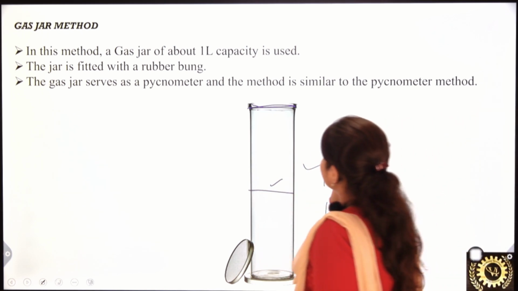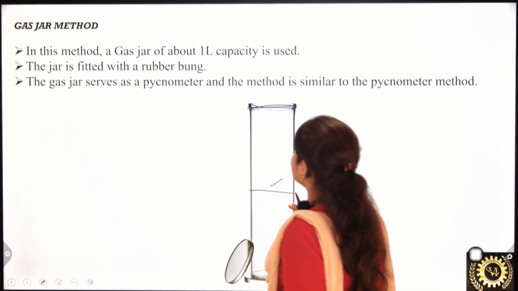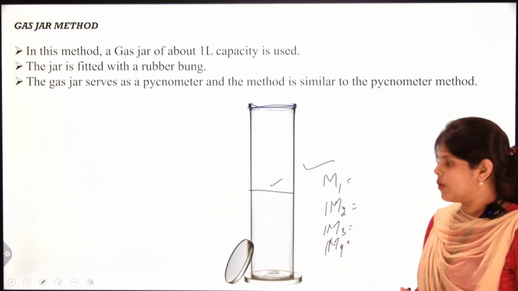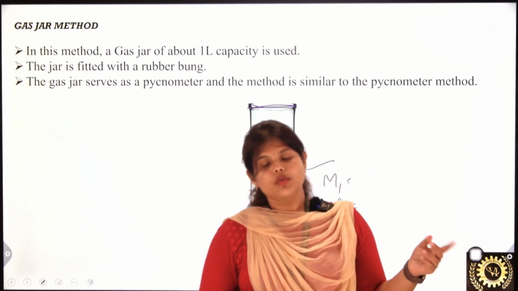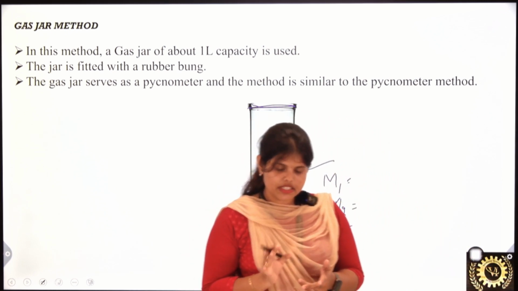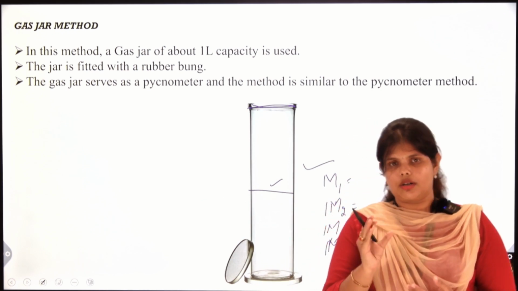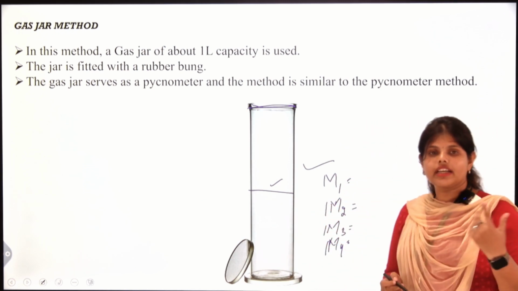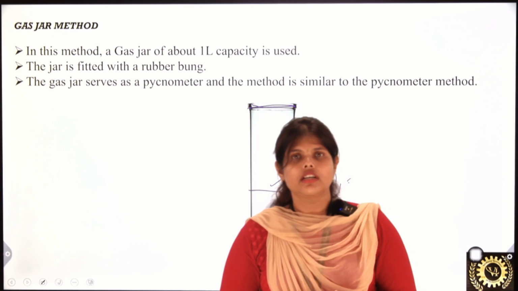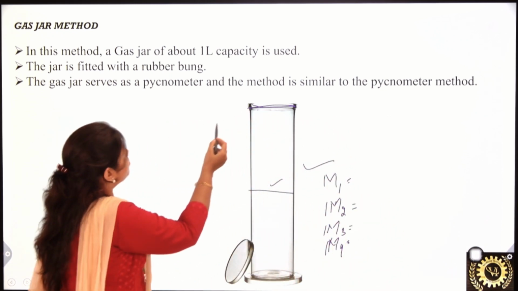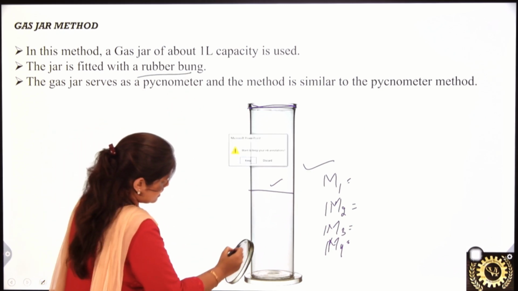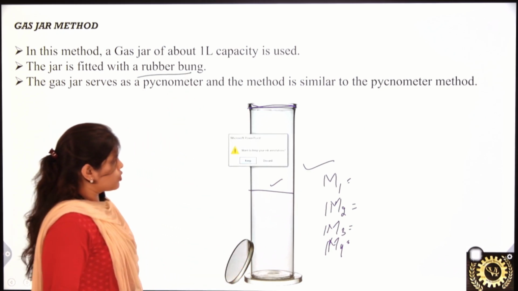In this method, the gas jar has about 1 liter capacity. In the density bottle method we have a 50 ml bottle, but here we can take a 1 liter capacity bottle.